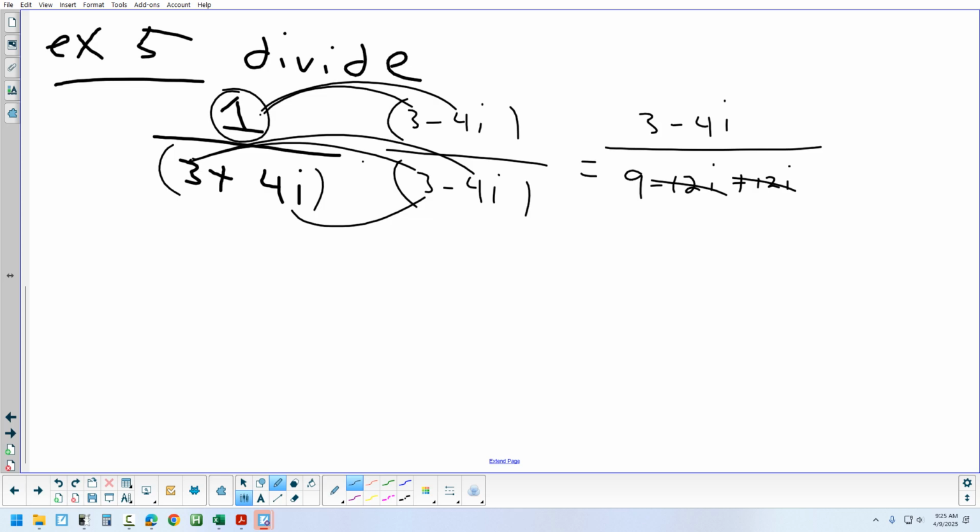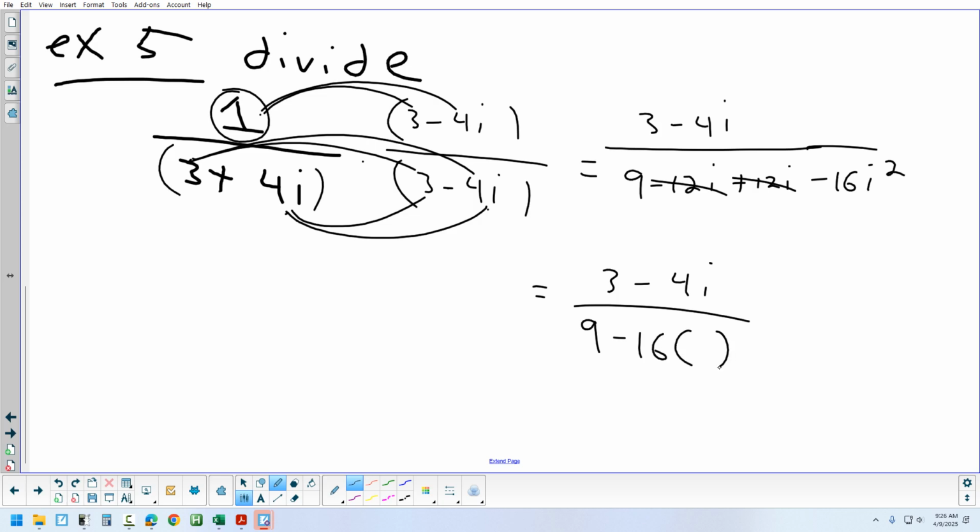And the last part, 4i times negative 4i. Well, what's a positive times a negative? Negative. It's going to be a negative, so start with that. And we have 4i times 4i. We already took care of the negative. 16i squared. So it's 9 minus 16i squared. But we need to change that.